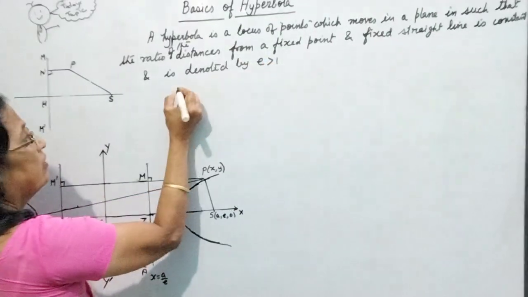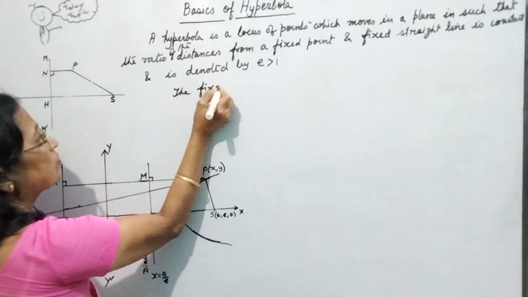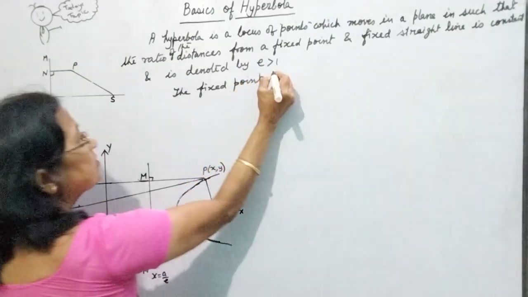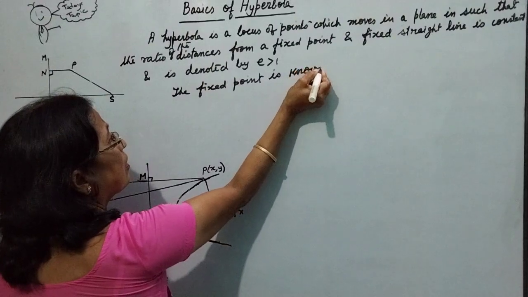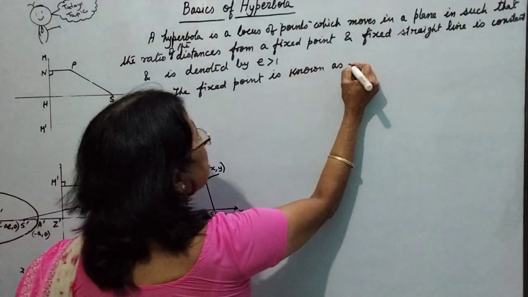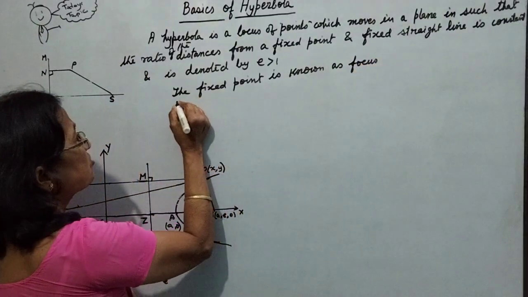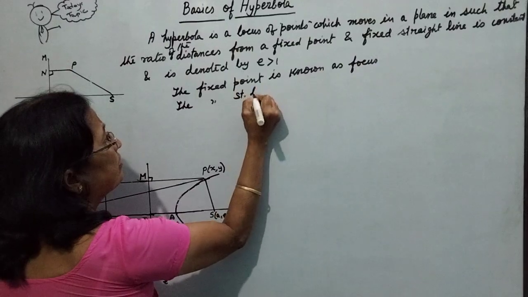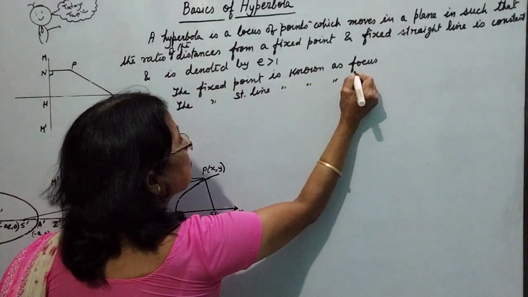Greater than 1. The fixed point is known as focus. The fixed straight line is known as directrix.